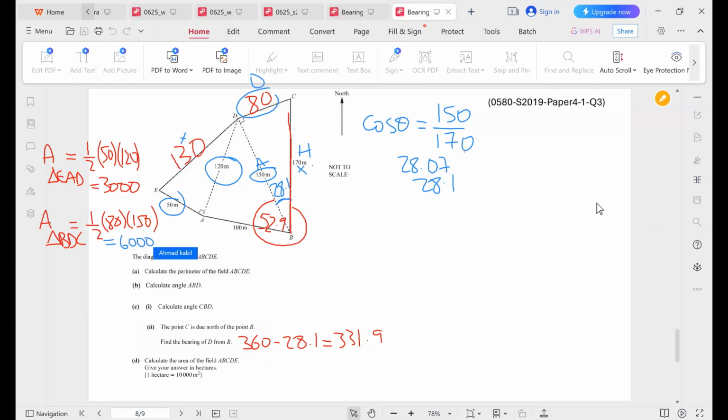And finally, we want to get the area of the middle triangle. This is not very difficult. It's just not as straightforward because you have to use the sine rule for area as opposed to half base times height. You have two sides and the included angle between them. The included angle is 52.9. So we can just use area of triangle BAD equals half multiplied by 100 multiplied by 150 multiplied by sine 52.9.